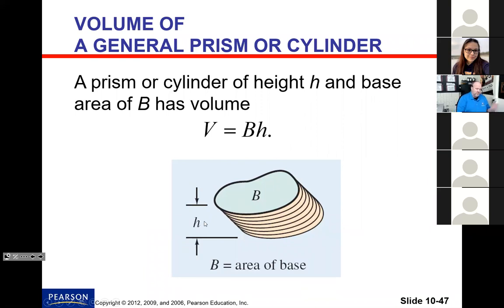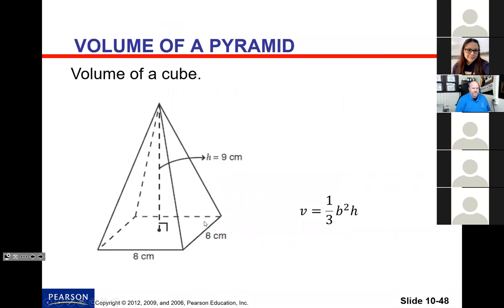These next formulas are just on your formula sheet. I'm just going to show them to you so you can see. Sometimes you'll see it this way: volume equals 1/3 capital B times H, or sometimes you'll see it as volume equals 1/3 B squared times H. The difference is the B squared is the 8 times the 8 at the bottom here.